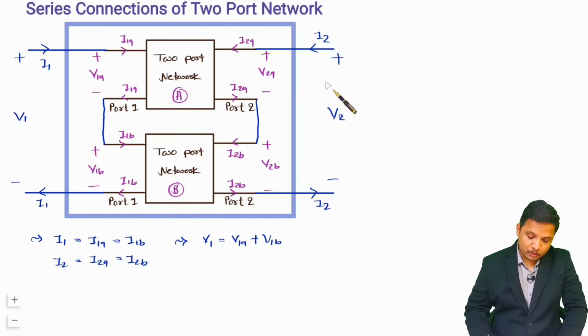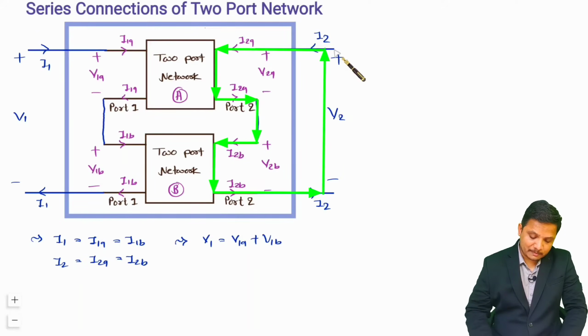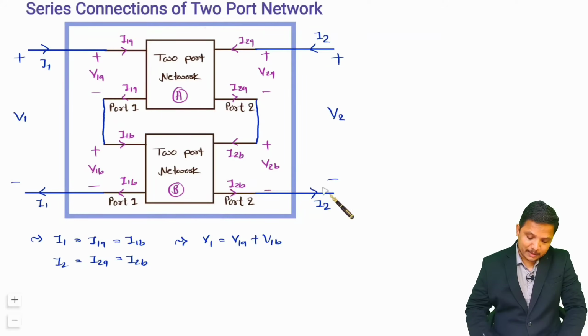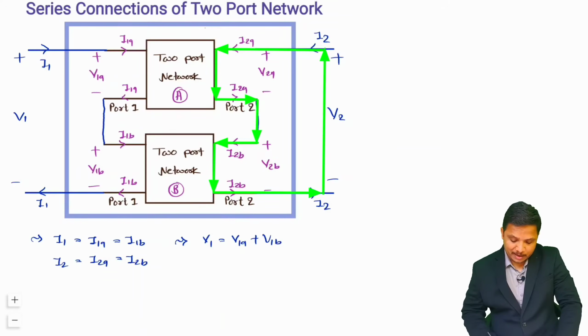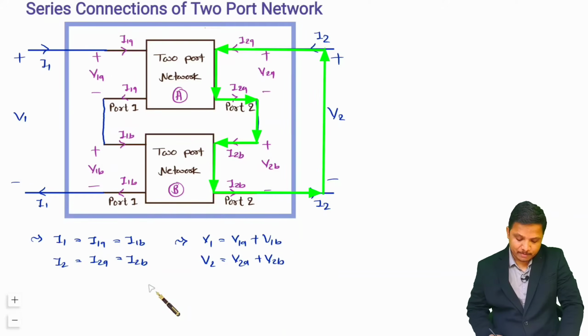And at port 2, as per KVL, V2 equals V2A plus V2B.